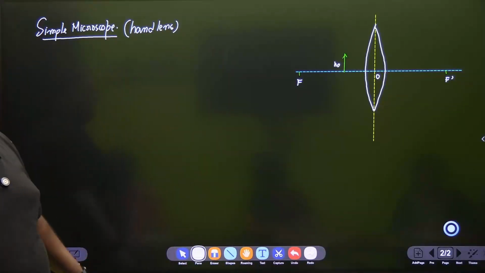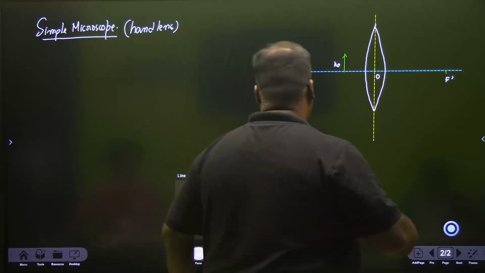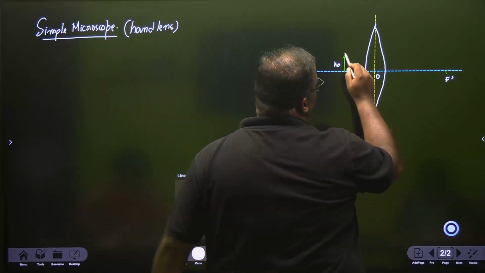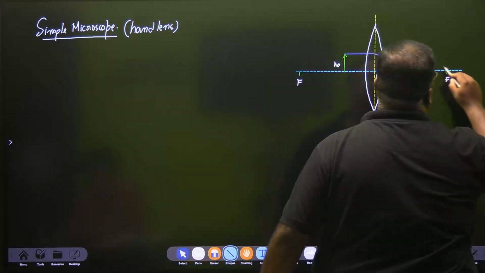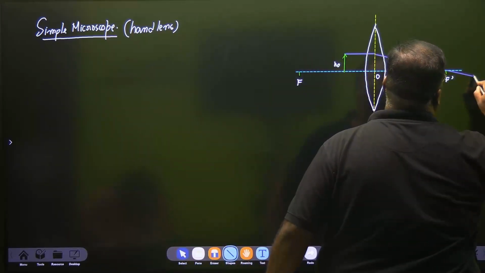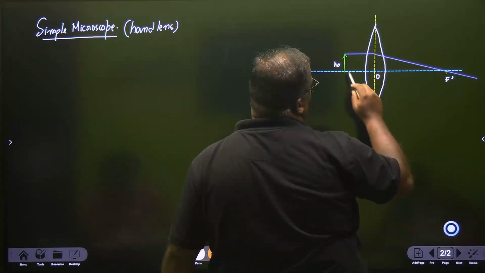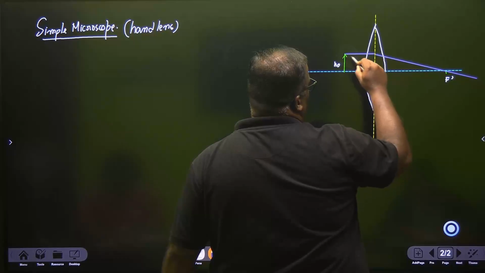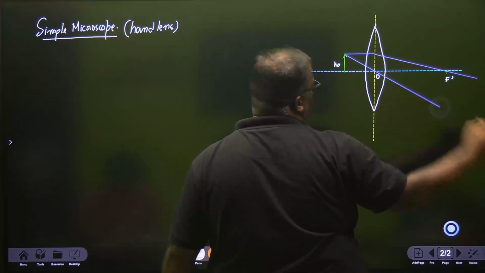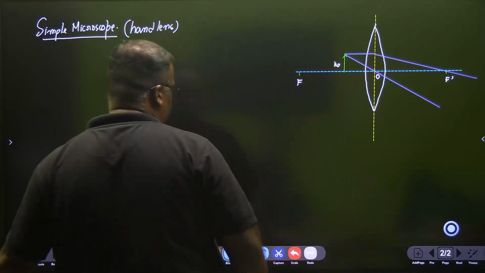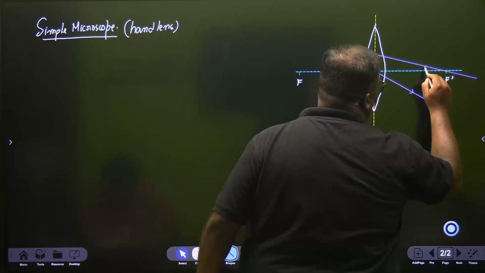Clear so far? Now this is a grade 10 case. A ray of light parallel to the principal axis will always pass through the focus. Another ray, coming from the object's head and passing through the optical center, goes undeviated. Now they become divergent rays. These rays are now divergent, so they are not supposed to meet.